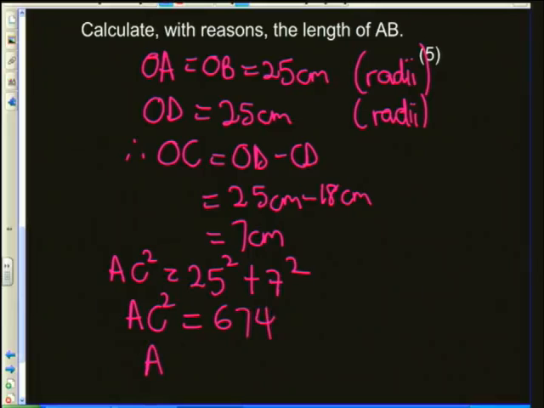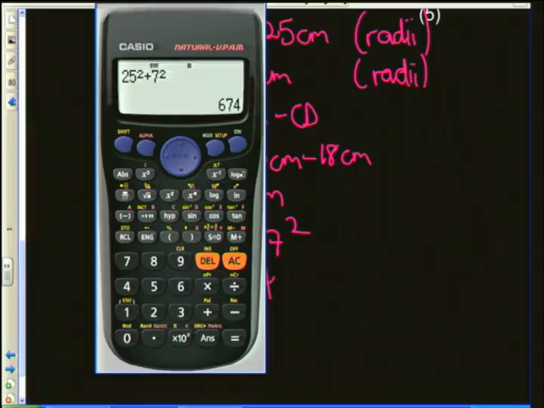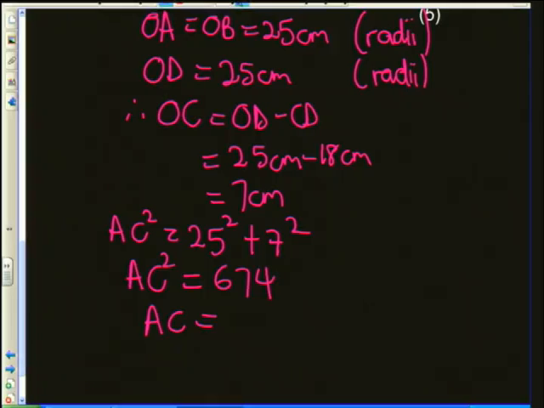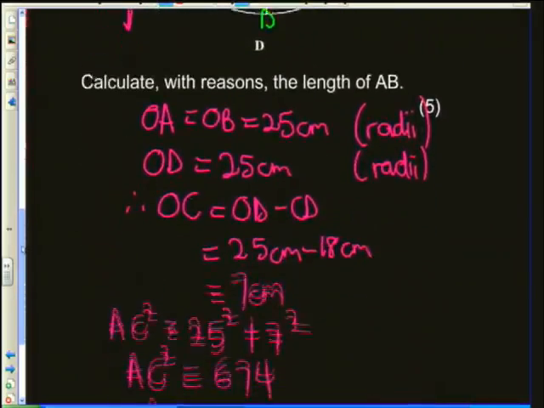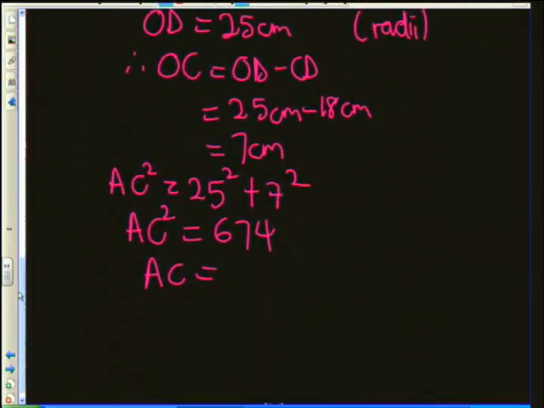So if I want to find the square root of that now, the square root of 674, I get an answer of 25,9. And that is my length of AC.